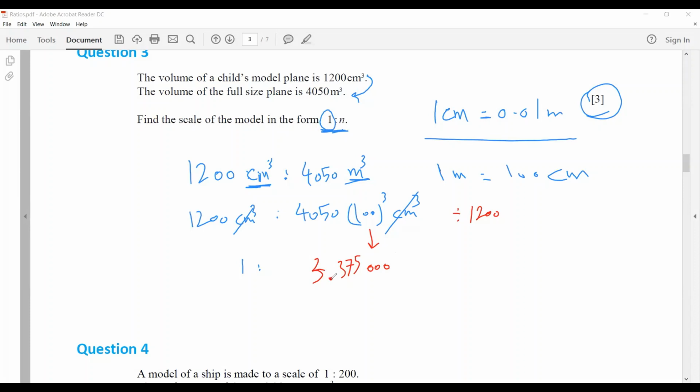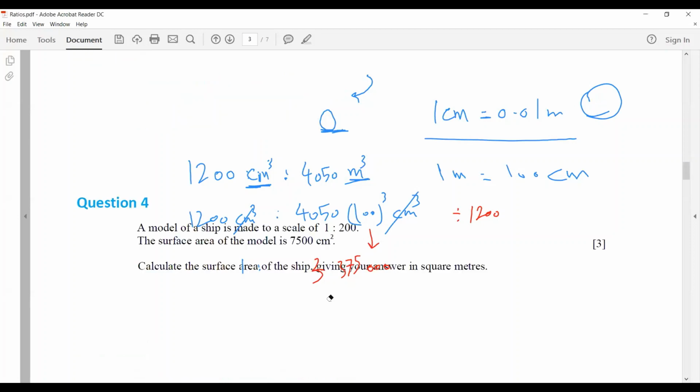The decimal point was here. You have to move it 6 positions forward. So this is the final answer. All right, let's move on to the next question.